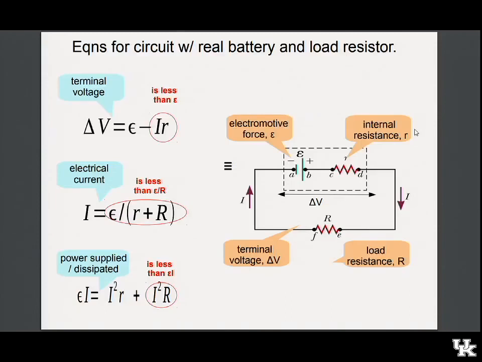If you look at each of these three equations and think, what would be the situation if we had an ideal battery? If we had an ideal battery, this piece would go away for the terminal voltage. You'd always see the full EMF. If we had an ideal battery, this internal resistance would be 0.